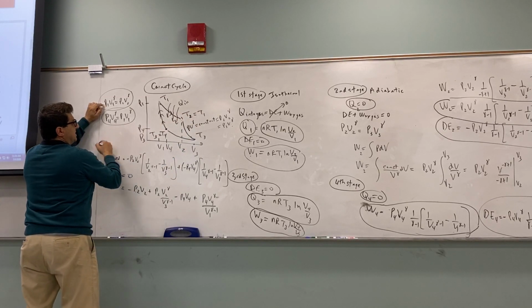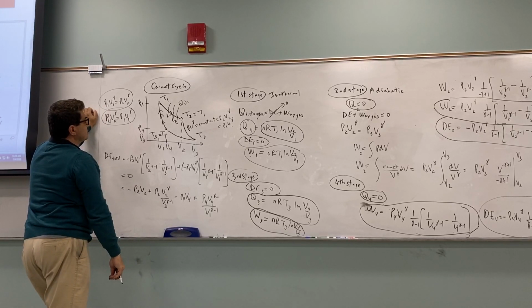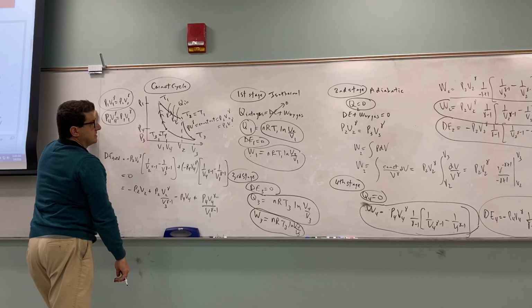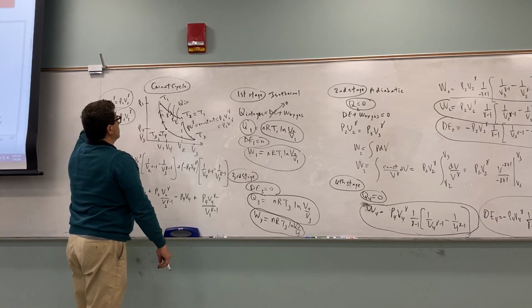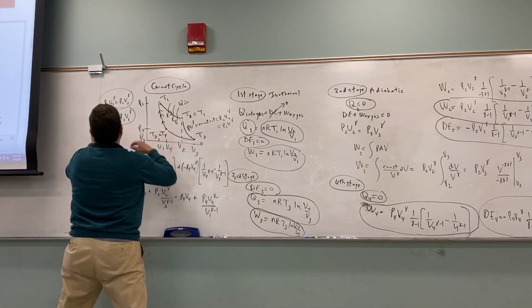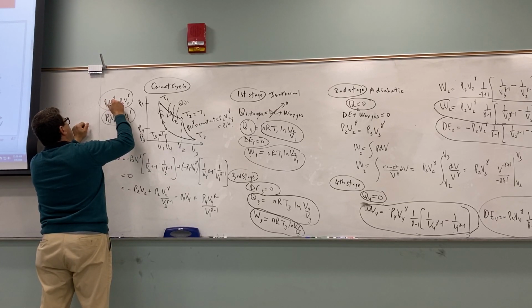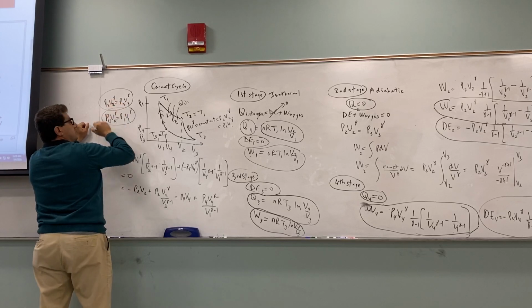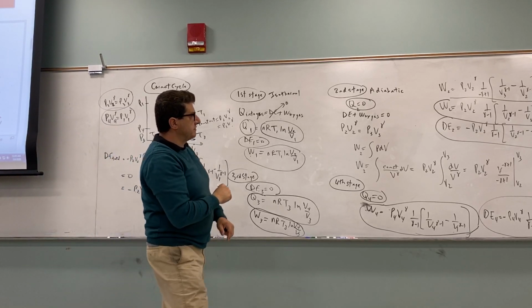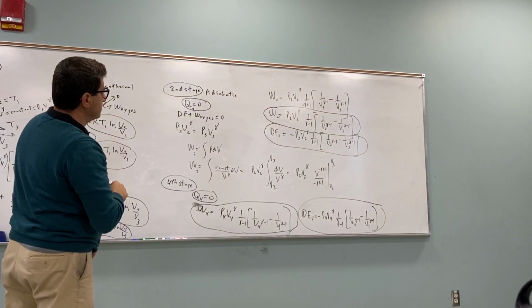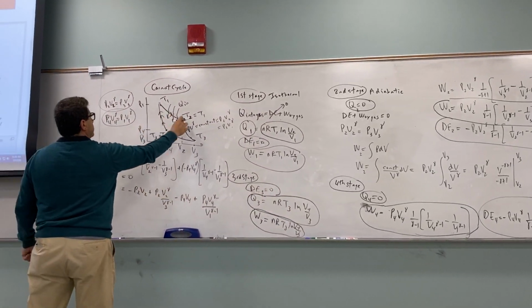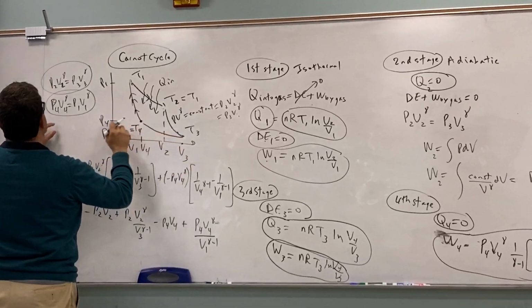Did I say this wrong? P2 V2, P3. For the first one, oh no, yeah, it should be P2 V2 to the gamma is P3 V3 to the gamma. Did I mess that up earlier? No? Okay. So P2 V2 to the gamma is P3 V3 to the gamma.